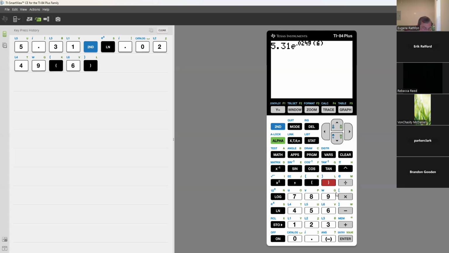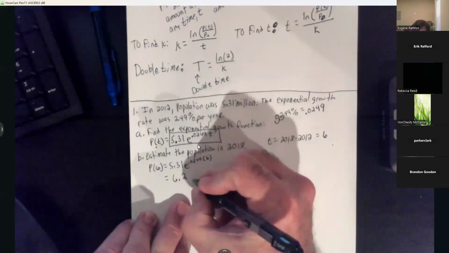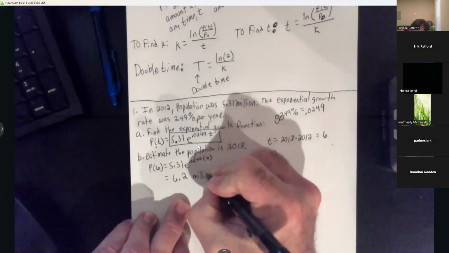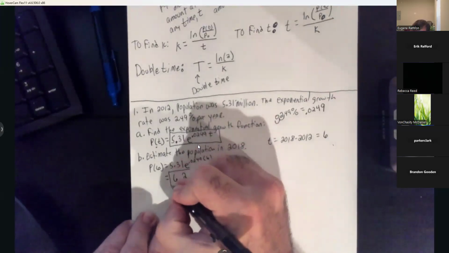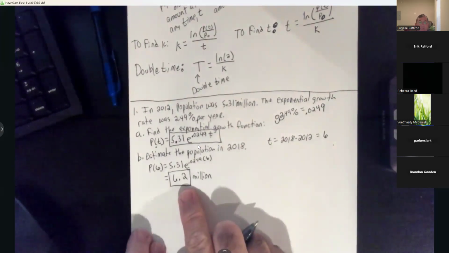All right, y'all, so let's hit enter, and we're rounding to 1 decimal place. So I got a 6.1, but the 1 has a 6 after it, so I'm going to make that a 6.2. All right, y'all, so 6.2 on that one. Now, MATLAB will have the million here. All we got to do is put in the 6.2.